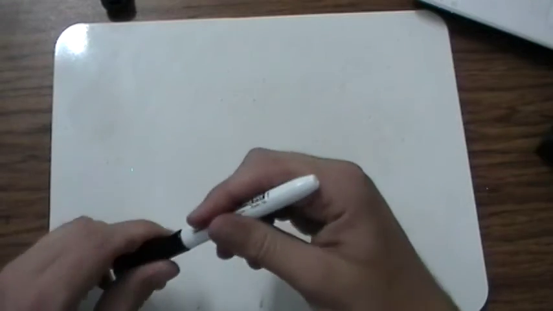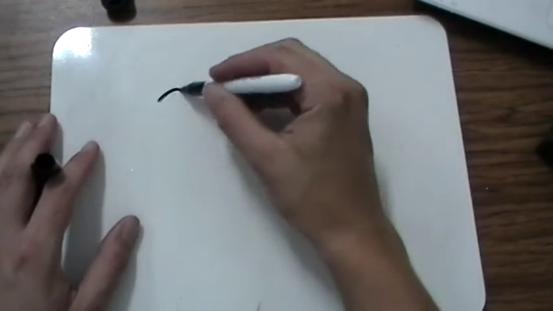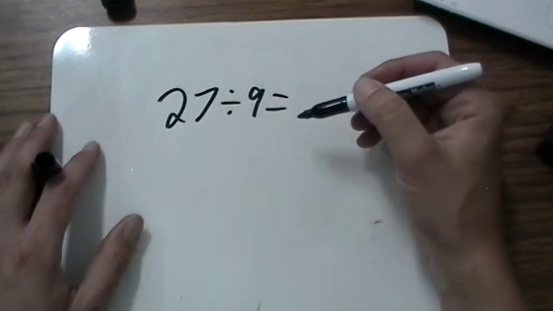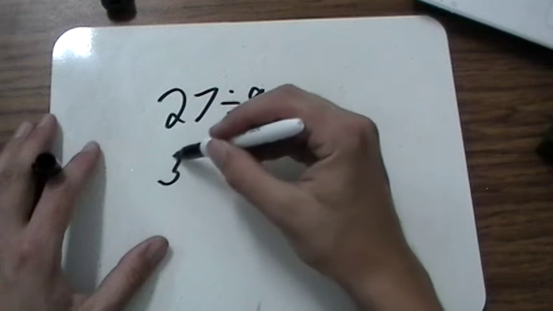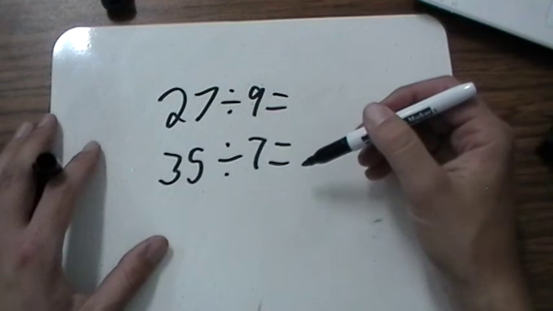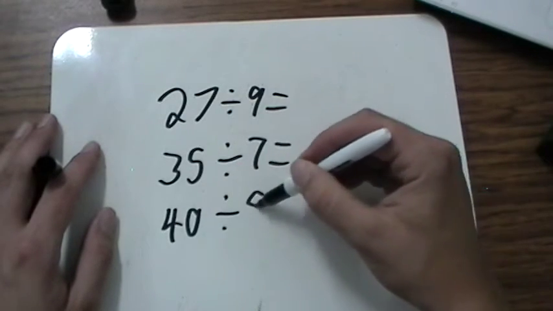All right. Now let's look at some division. Again, something I want you to just have memorized. If we do 27 divided by 9, if we do 35 divided by 7, or if we just do 40 divided by 5. Okay?